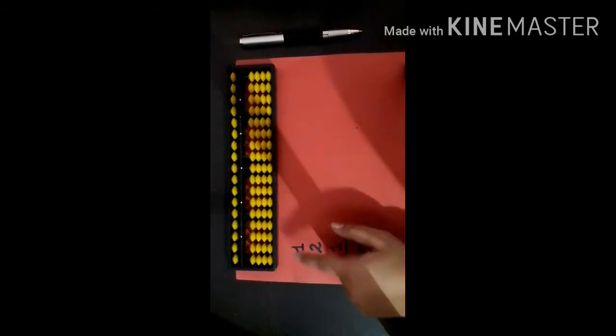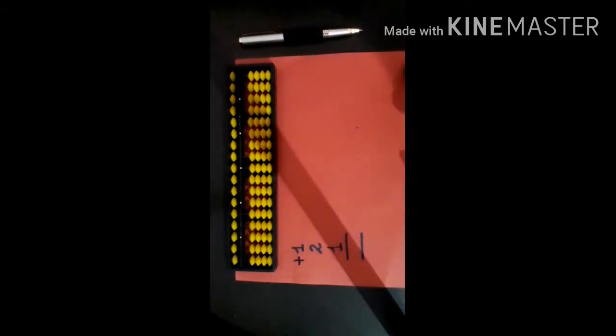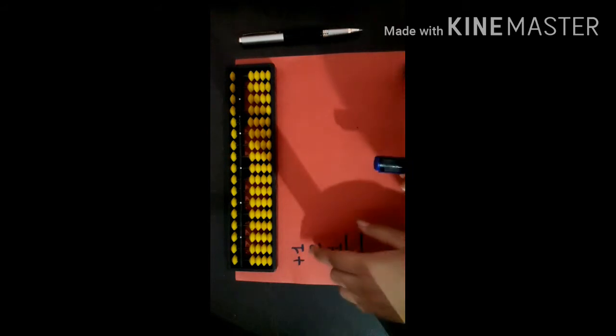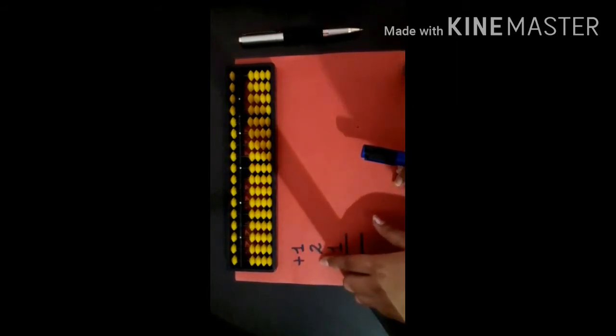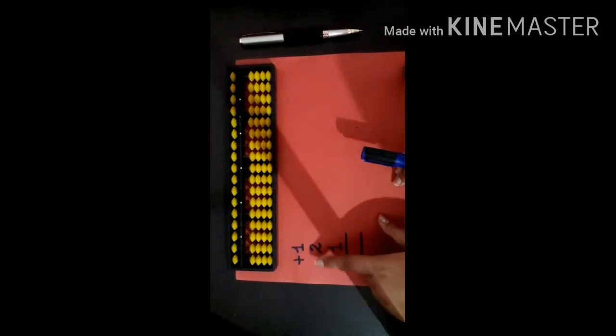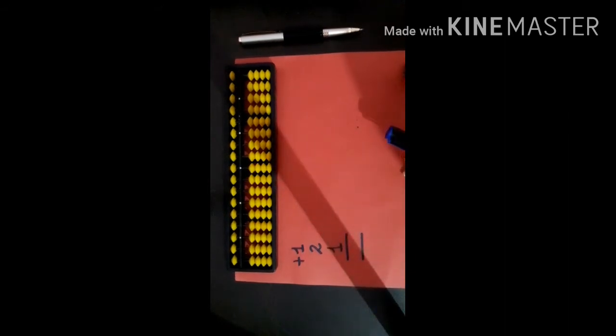So if nothing is there, this means plus is there. It means you have to add this number. See, in front of 2, is anything there? No, nothing is there in front of 2. So this means that you have to add 2.